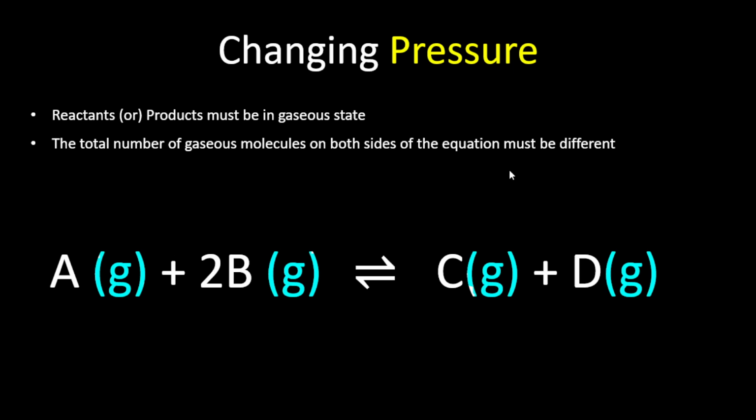What I mean is that when you're talking about pressure, you must talk about the number of molecules. Now I have 3 gaseous molecules on the left side and 2 gaseous molecules on the right side, so I know that changing pressure will definitely have an effect. But how does it have an effect? Let's take a look at this.